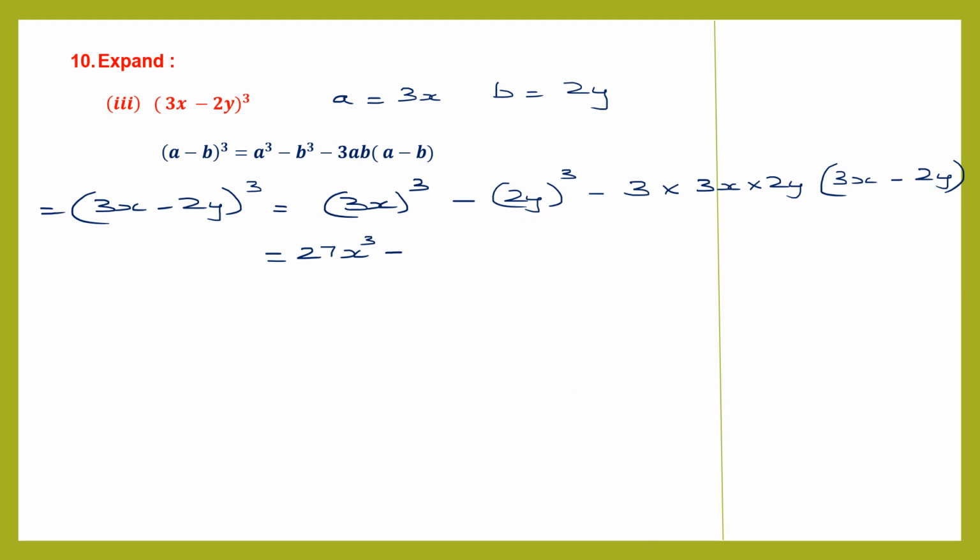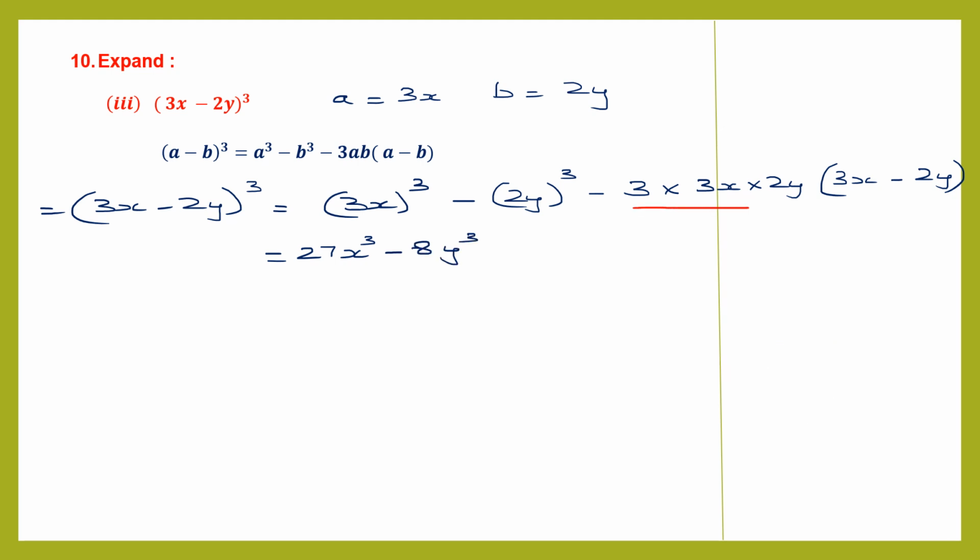So let's work this out. So that will be 2y into 2y into 2y. Now let's multiply the numbers. 2 2s are 4, 4 2s are 8. So we have 8, and y into y into y is y cubed. So this will be 8y cubed.